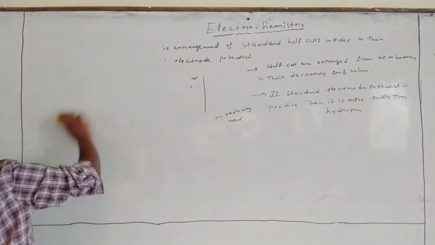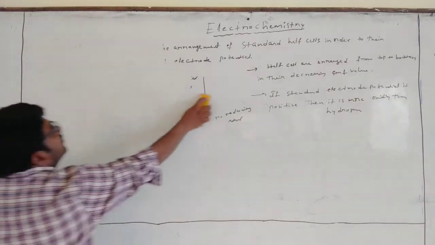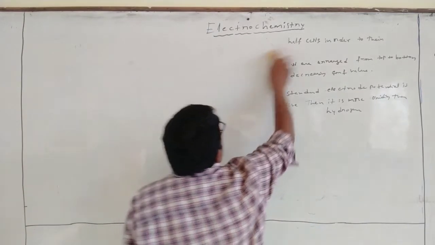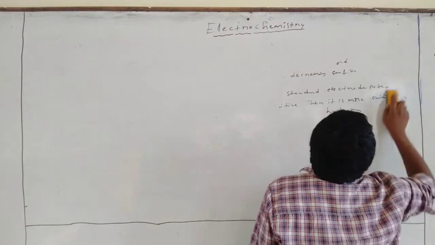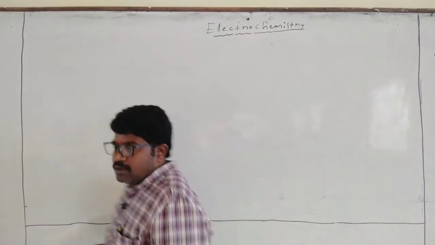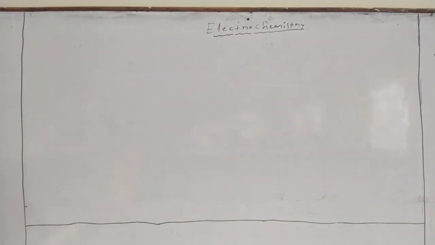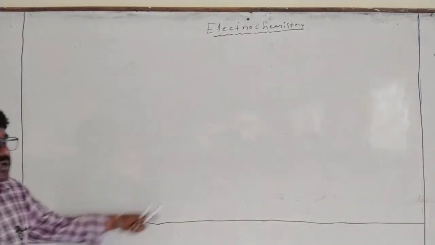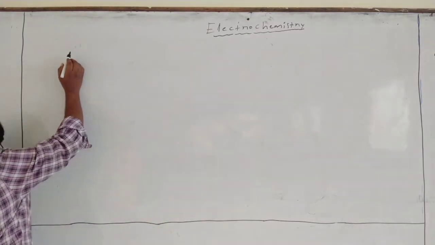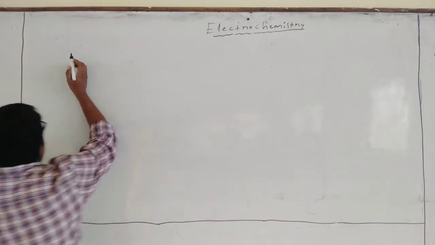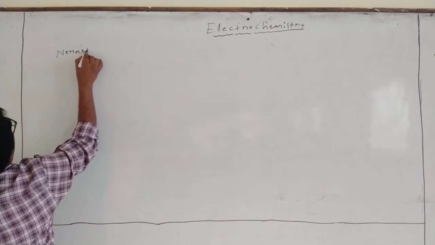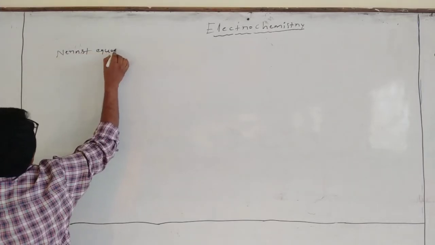The Nernst equation gives the relation between standard electrode potential and the concentration of the solutions. That is called the Nernst equation.